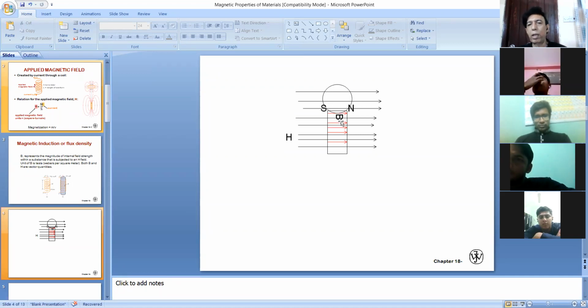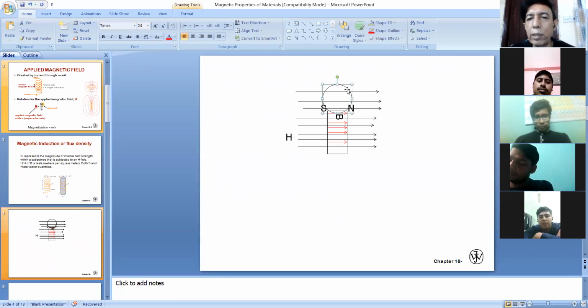These lines of forces will come out from here and go to here. So you see, inside the material, this red one assists the black one, but outside, this red one, the arrow will be like this.